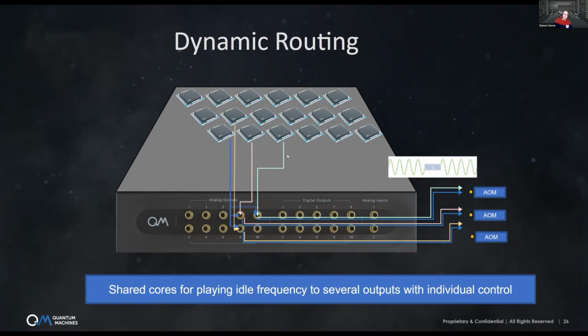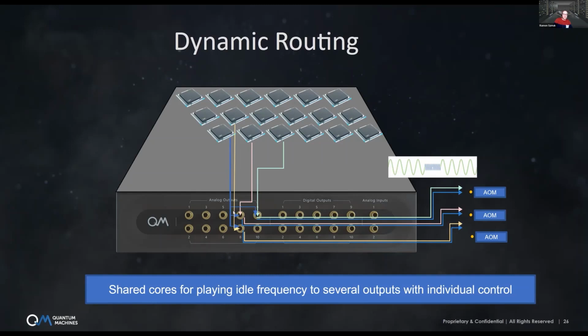You can generate one waveform from this core and a second waveform from this core and another one here, and they can be split and combined on ports. So if you have an analog output port, you can have all 18 processor output signals go to it, and they will be summed at the output.